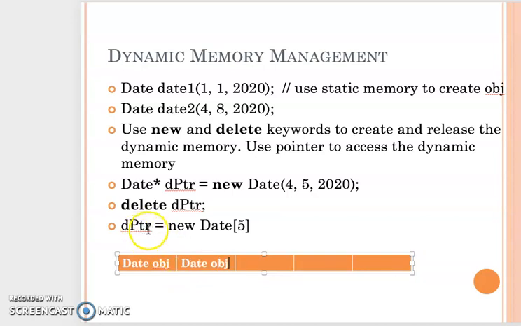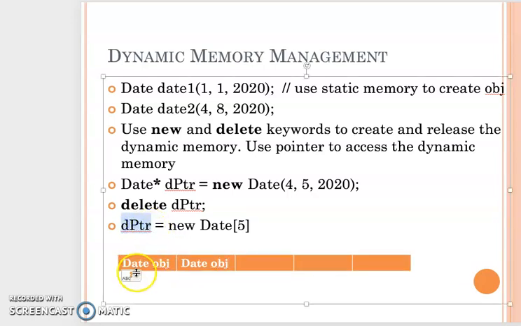Then I'm using the pointer to refer to this one. When you're using the array object initializer, we can do our date, and for each one you can give them the object information.